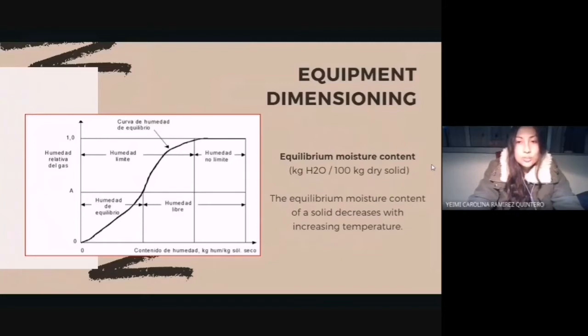This value is known as the equilibrium moisture content. In turn, this value depends on the type of drying, whether it is by desorption or by absorption. The free moisture content of a sample is the moisture that is above the equilibrium moisture content and can be removed by drying.